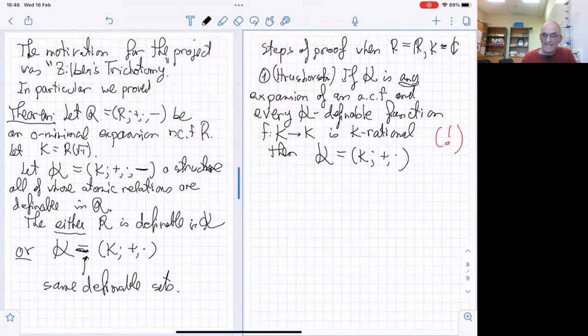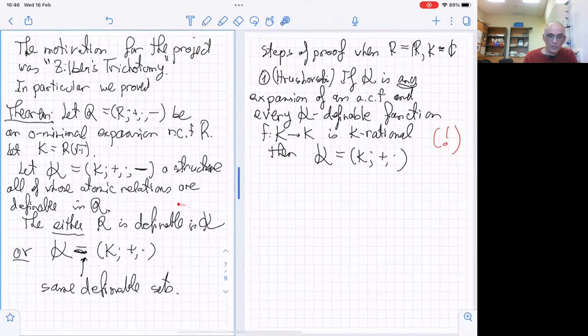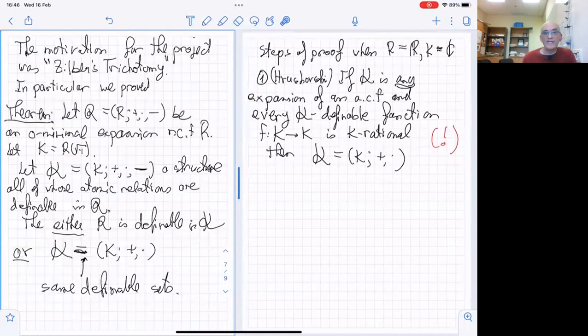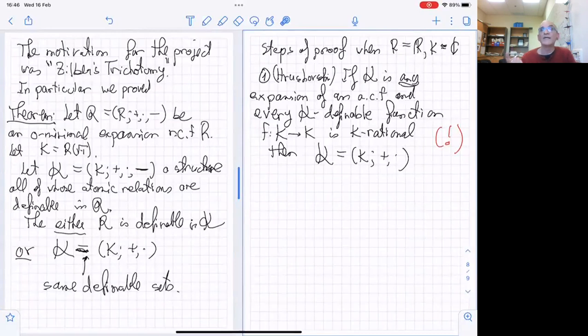All right, so now remember, we want to show that either R is definable in K or nothing is added. Let's see if here it works. Yeah, here it works. So if we can show just that every definable function from K to K is rational, so it's constructible, then we will be done. So let's assume that R is not definable.